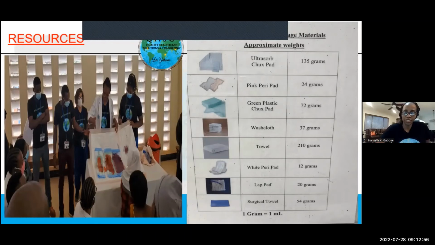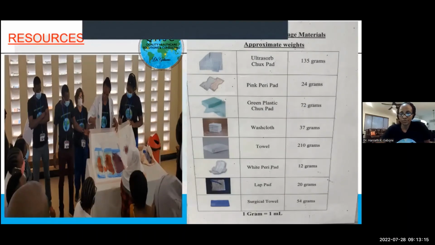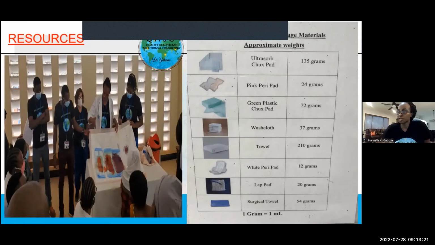So in our documentation system, we have the weight of dry items that are used in either the delivery room or the operating room to make sure we get an accurate number. So that dry weight is already in the system. And then as a nurse, when you get those wet items from taking care of the patient, you weigh them on the scale and input that information on the computer, and it tabulates.